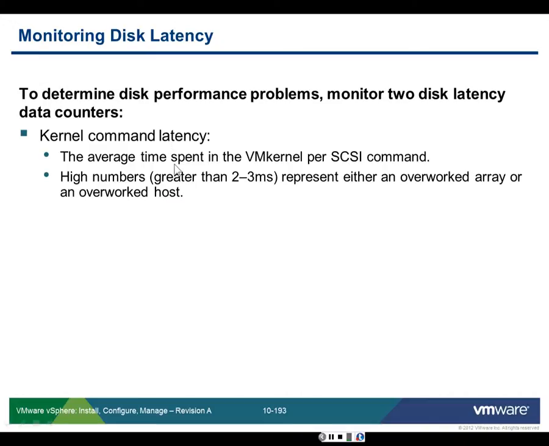And this measures the average amount of time in the VM kernel per SCSI command, not iSCSI, just SCSI command. High numbers, greater than 2 to 3 milliseconds, represent either an overworked disk array or an overworked host. The danger threshold for kernel command latency is 2 to 3 milliseconds.